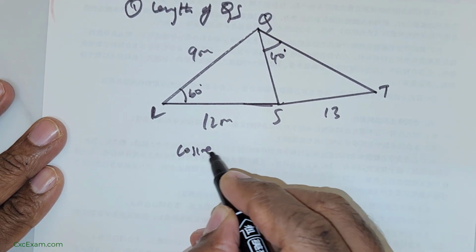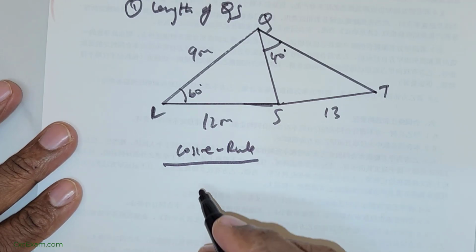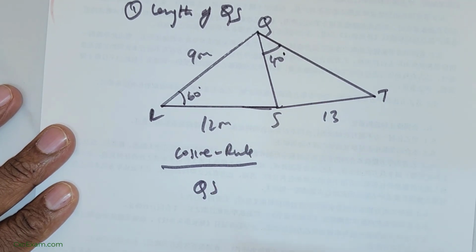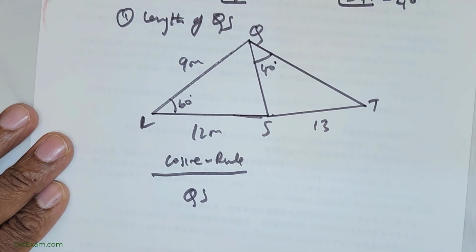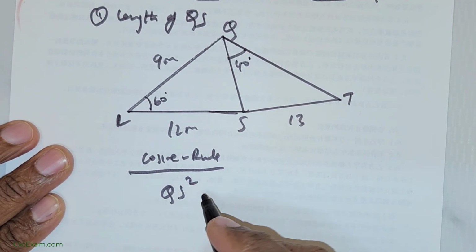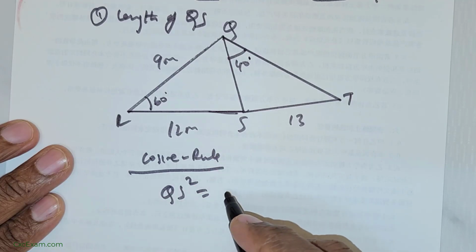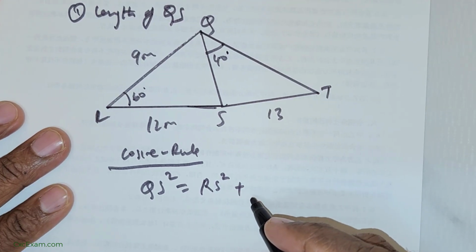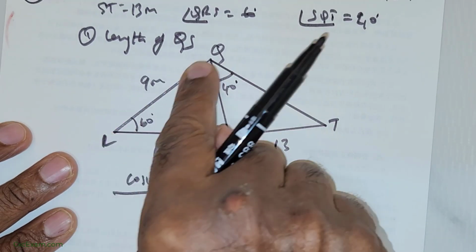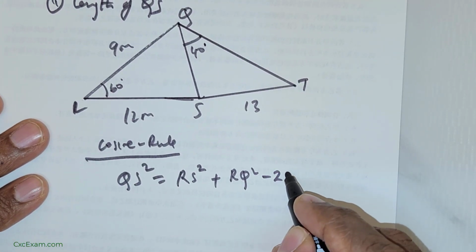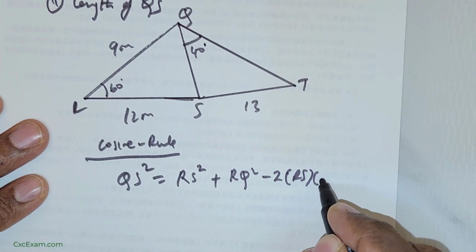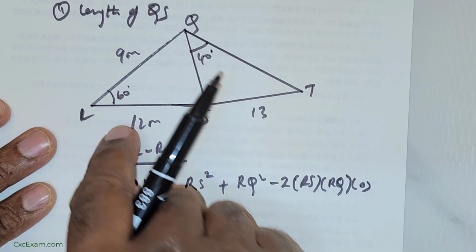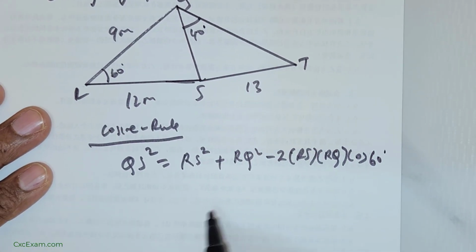Now we will use the cosine rule. So from the cosine rule, QS squared is equal to RS squared plus RQ squared minus 2 times RS times RQ times cosine of the angle between them, 60 degrees.